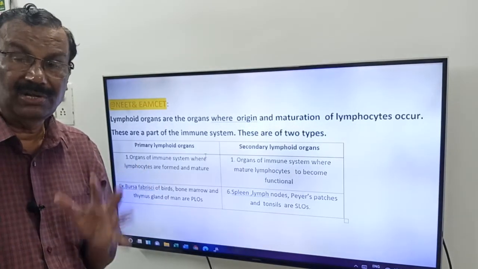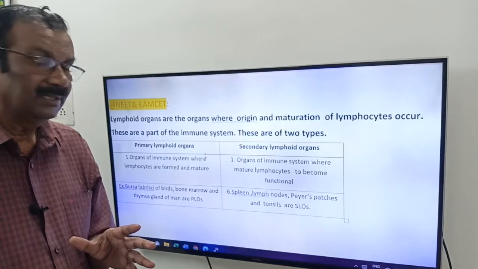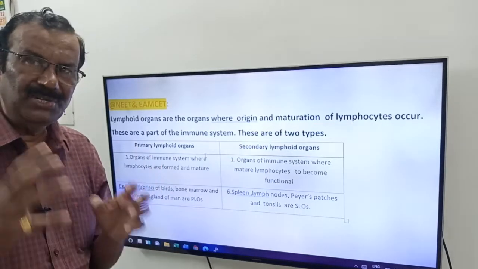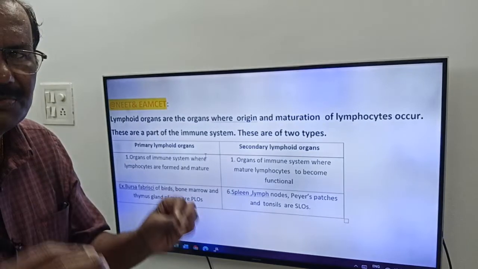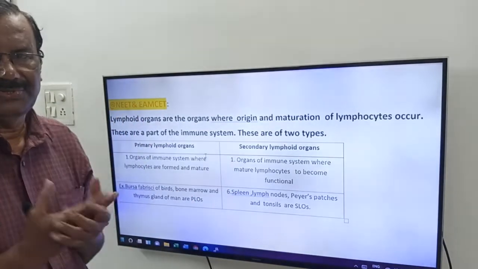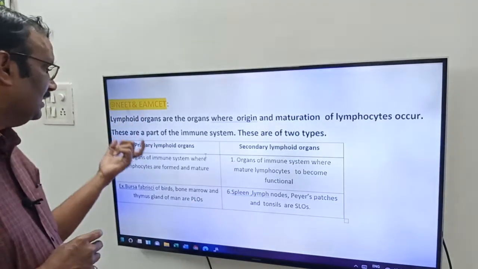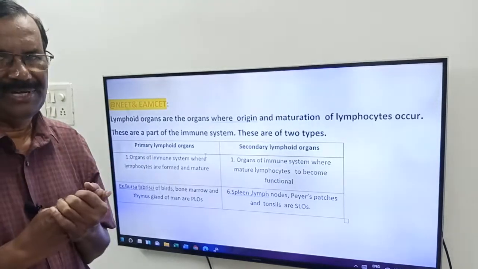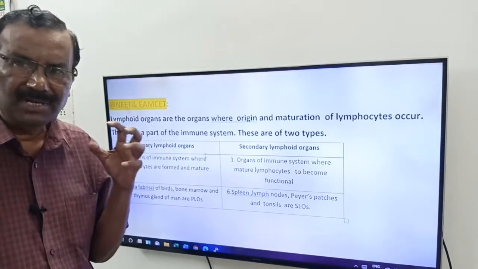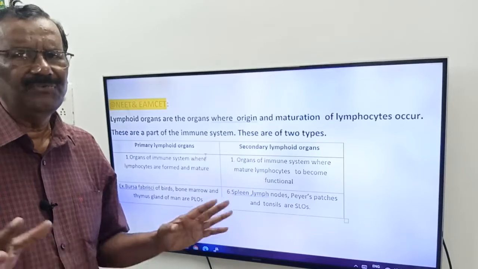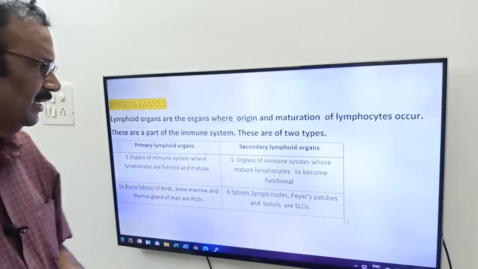They are a part of the immune system. Without lymphoid organs, there is no immune system, friends.